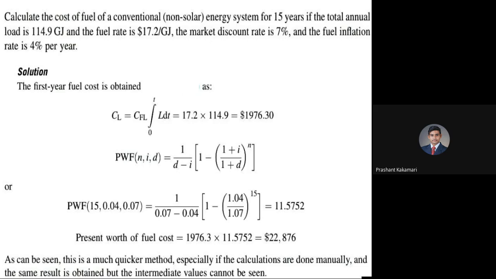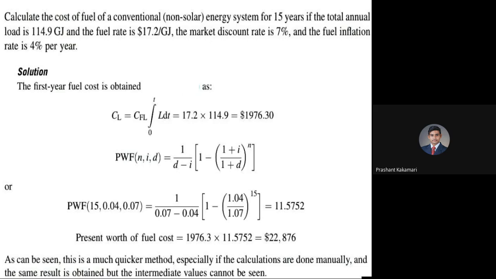The market discount rate is 7% and the fuel inflation is 4% per year. Now this entire problem is not connected with any solar energy. It is directly based on the conventional energy system. Because of the large gigajoule power production, some discount may be available from the government on the fuel, and the inflation rate, no one can stop that.